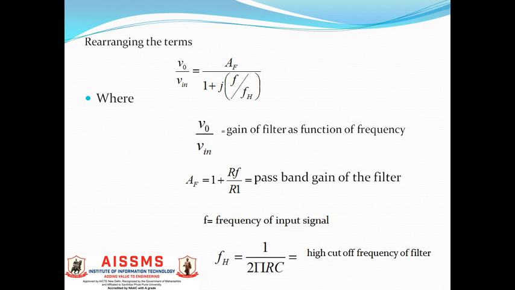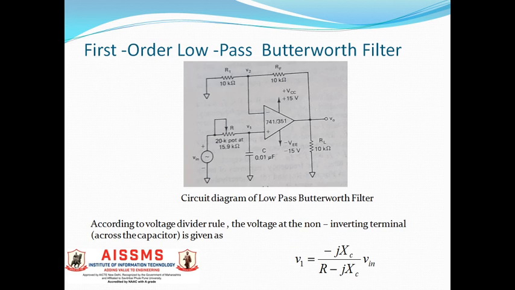So this is how we have come. We started with the simple circuit for a Butterworth filter, where we have configured the op amp in the non-inverting mode. Then we have connected R and C elements as the filtering elements, correct? Then we have written the potential at point V1 using the voltage divider rule.